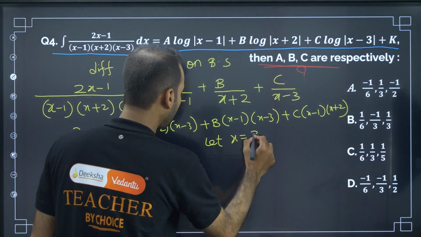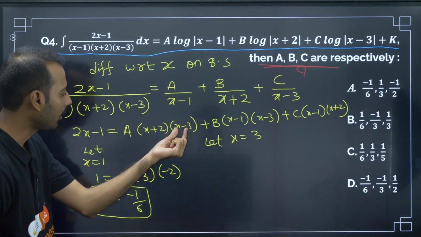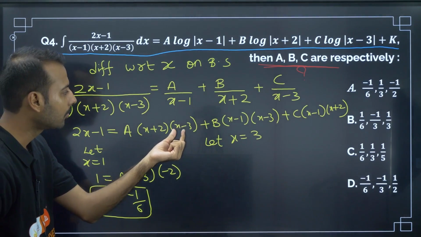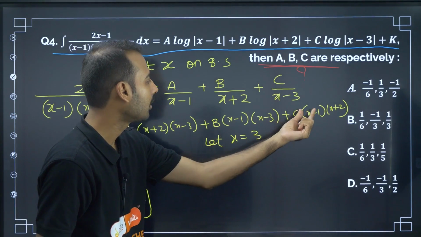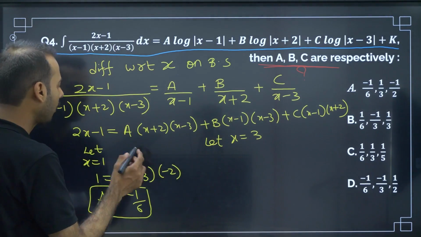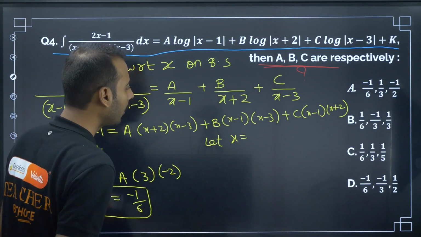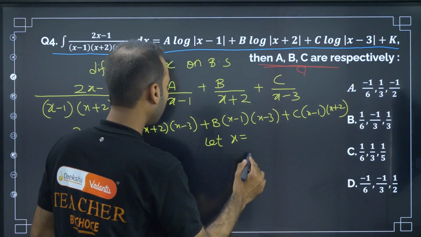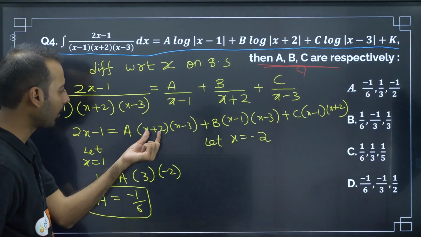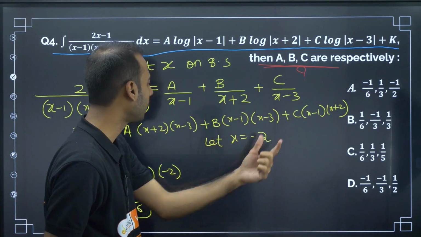Next, let x is equal to 3. If I keep x is equal to 3, this term and this term will vanish. Or you can keep x is equal to minus 2, then this term and this term will vanish.